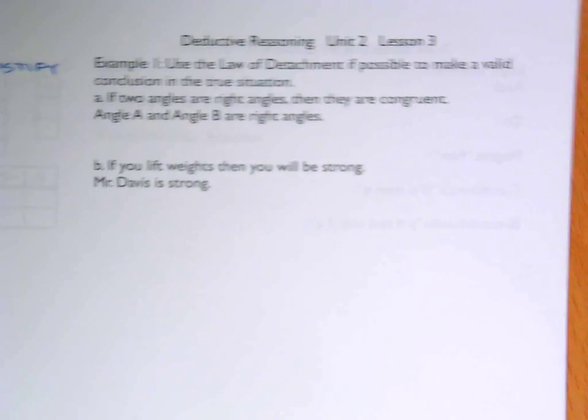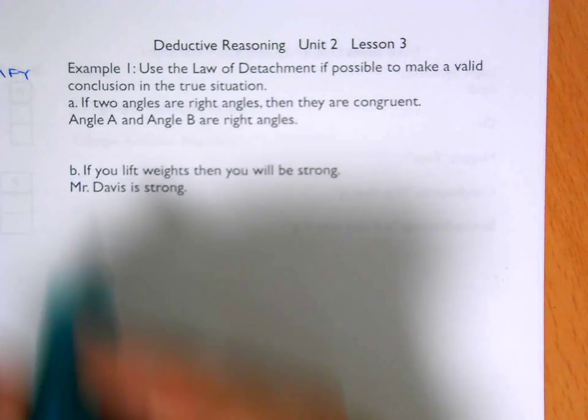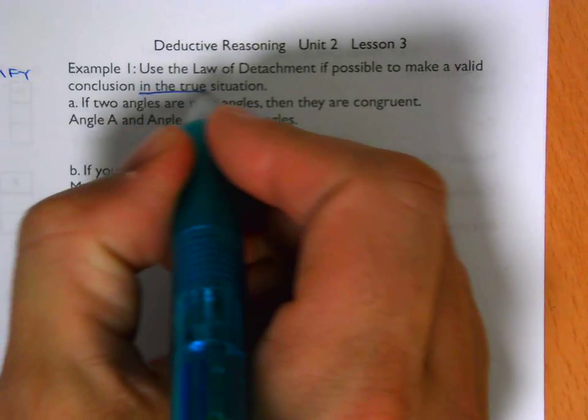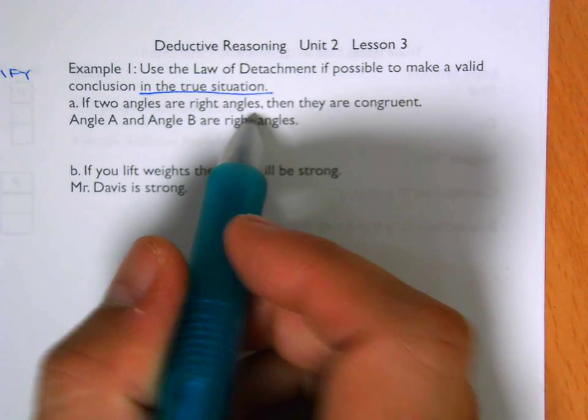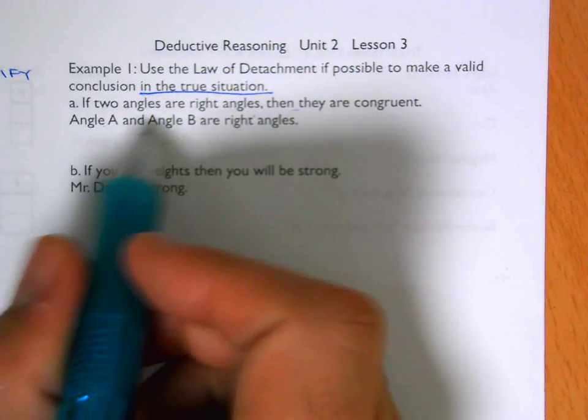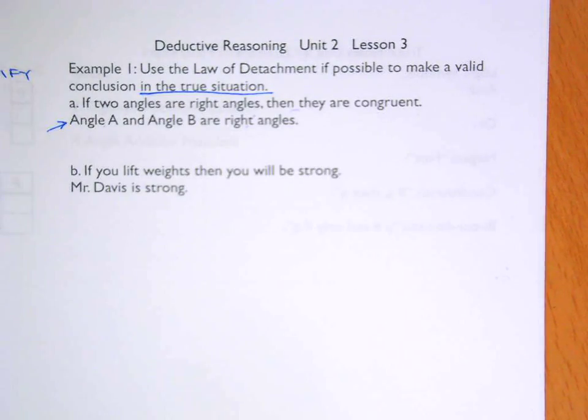All right, so some examples. Use the law of detachment, if possible, to make a valid conclusion in the true situation. So again, we are assuming that the situation is true. If two angles are right angles, then they are congruent. Angle A and angle B are right angles. Well, is this the A part or the B part? Is it the hypothesis or the conclusion?